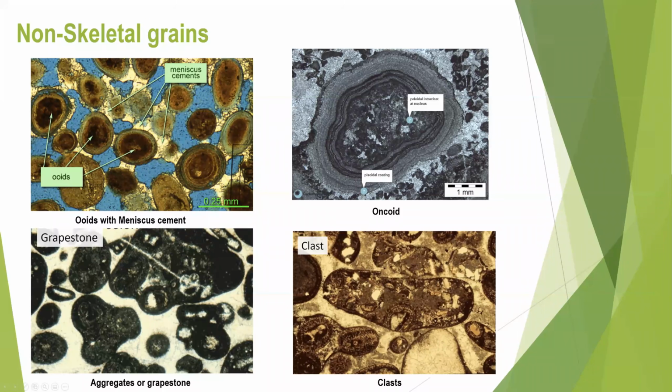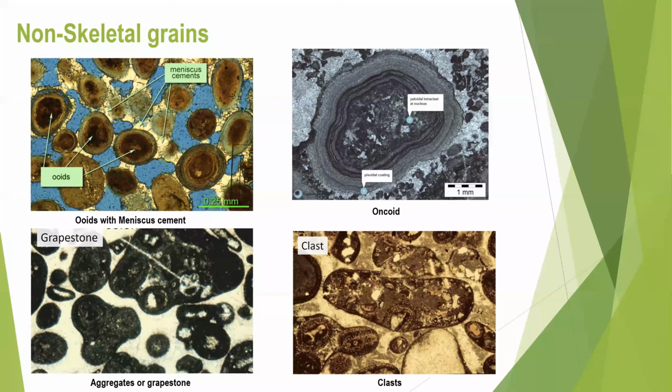The other non-skeletal grain is the aggregate or grapestone. You can see a grapestone in this image. They are composed of non-skeletal or skeletal grains connected with each other by micrite, and also the clasts. Clasts are very important because they show us the energy of the environment.